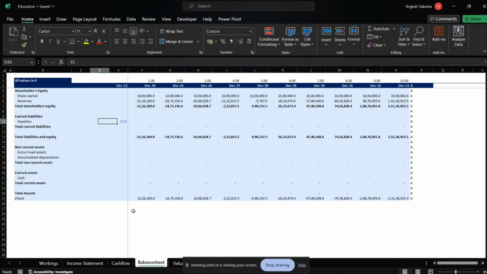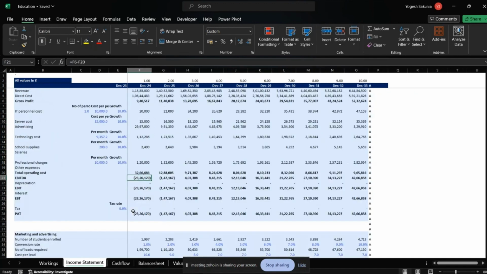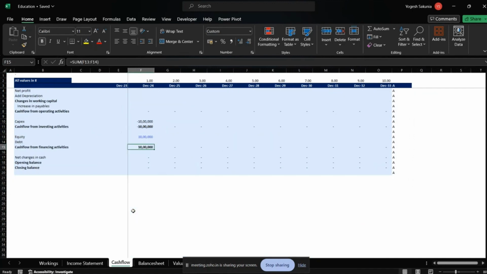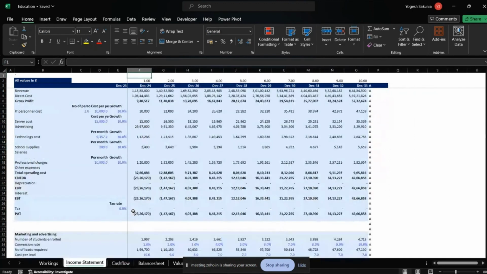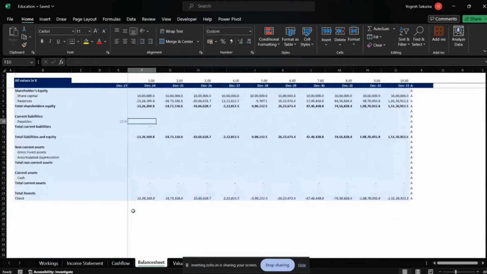Next is the current liabilities. There is only one item in the current liabilities, which is the payables, and we have been given the payable days. Here they've not specified which costs are going to be paid with a lag of 15 days. So we will assume all the costs will be paid with a lag of 15 days, and we will do it on the total cost.